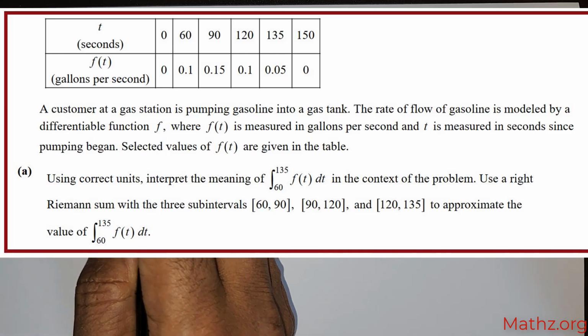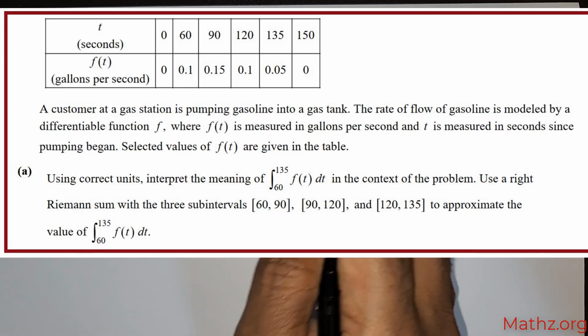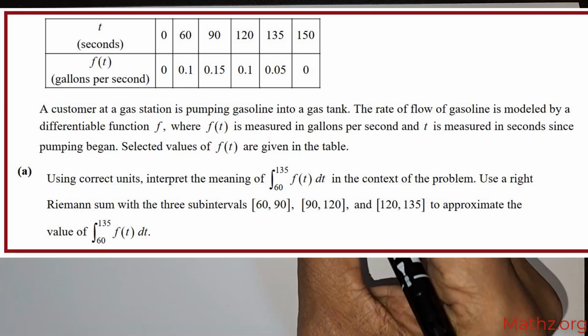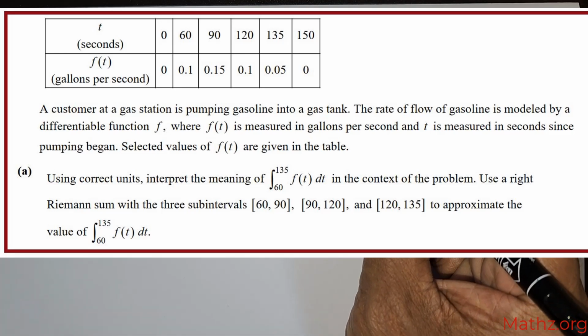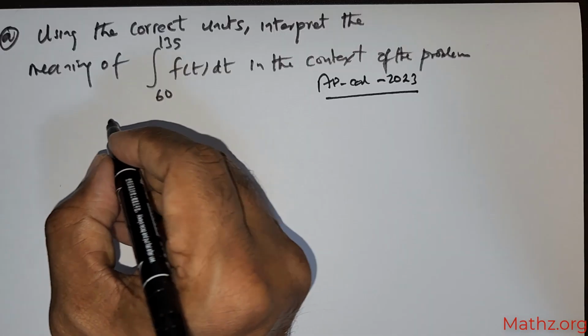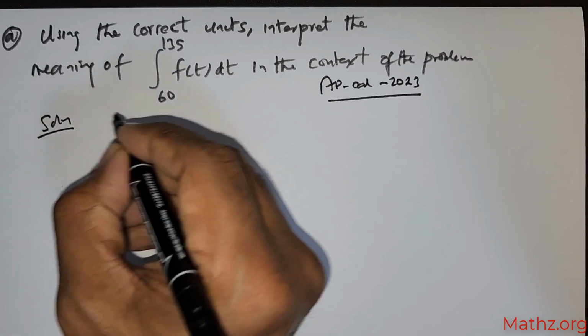So part one says: use correct units, interpret the meaning of the integral from 60 to 135 of f of t dt in the context of the problem. This is the solution you need to write.